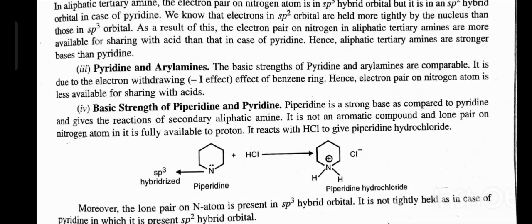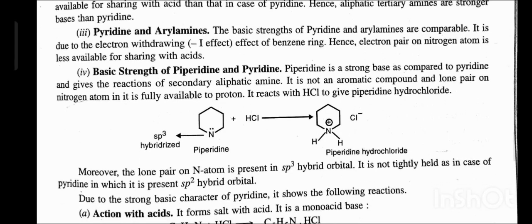Third, pyridine and aryl amines. The basic strengths of pyridine and aryl amines are comparable. It is due to the electron withdrawing effect of the benzene ring. Hence, the electron pair on the nitrogen atom is less available for sharing with acid. Fourth, basic strength of piperidine and pyridine. Piperidine is a stronger base compared to pyridine and gives the reactions of a secondary aliphatic amine.